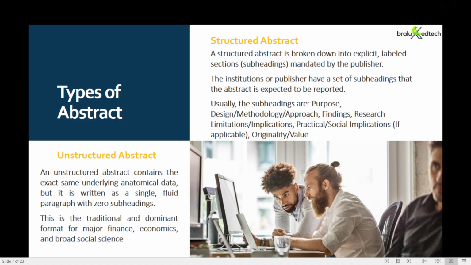If you look at some journals, you'll see that some journals or higher institutions always have a format for writing abstracts, and those formats always have subheadings, and the subheadings usually center around purpose, design or methodology, findings, implications, then originality of the work.